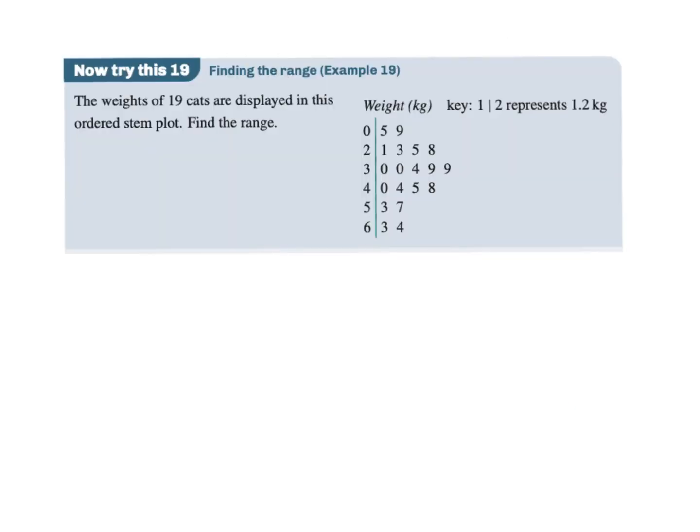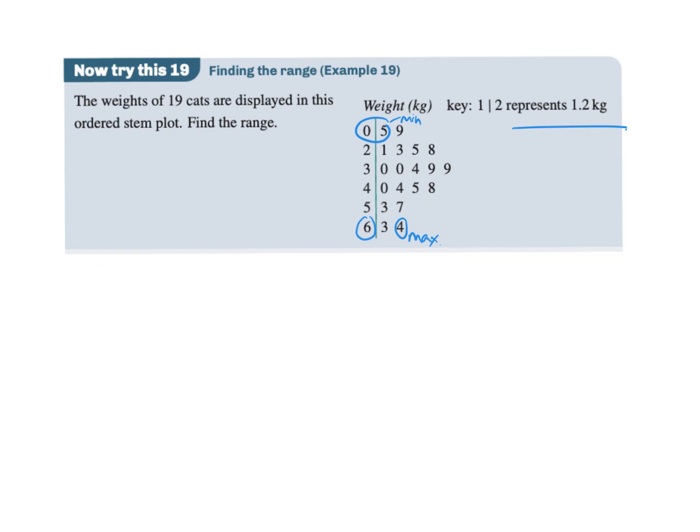All right, so now we are just looking at these types of data here. So if we have a stem and leaf plot and we're asked to find the range, obviously this number here is the minimum and this number here is the maximum. Now be careful, make sure you're reading your key.